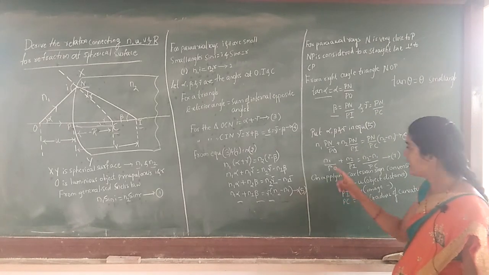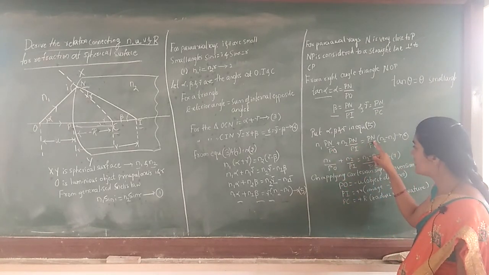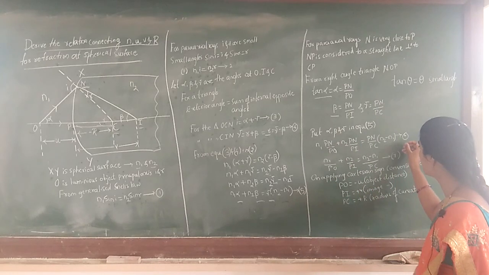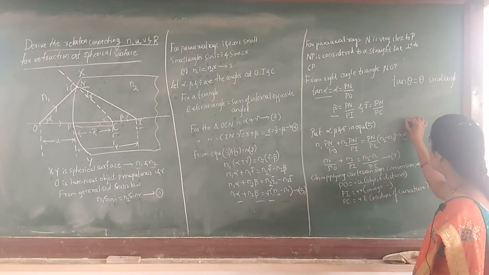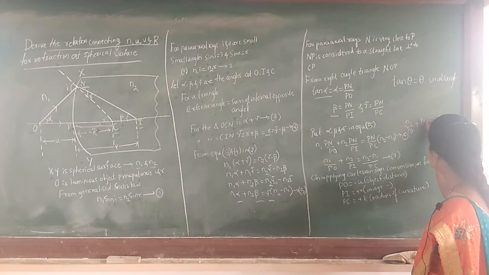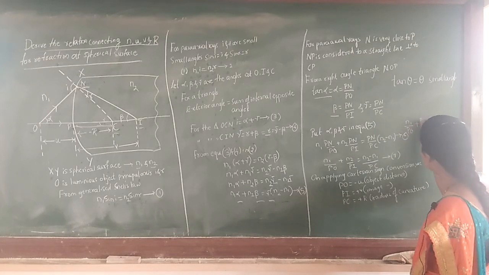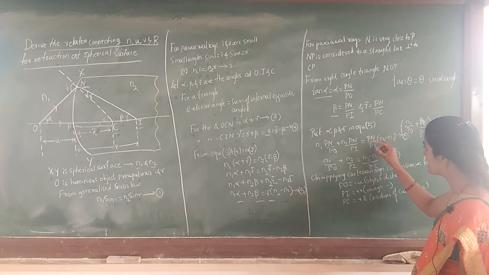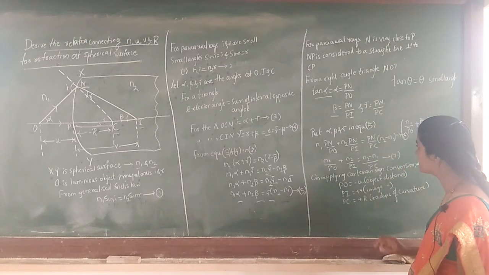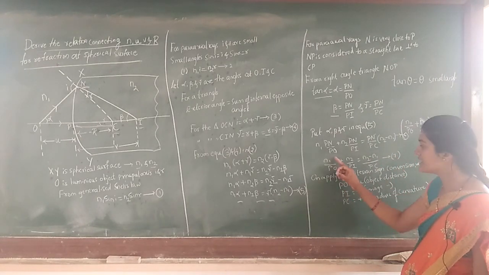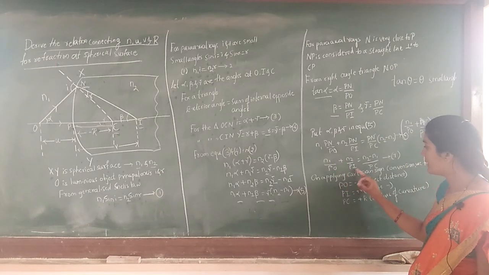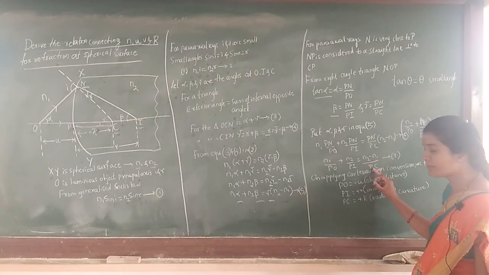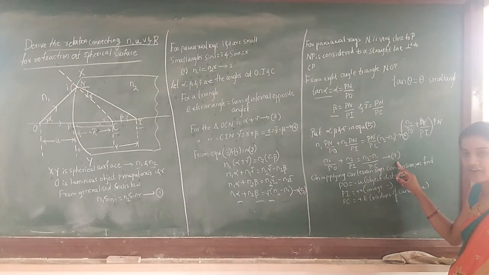Now next, Pn is common, so take it outside. Remaining terms: n1 by Po plus n2 by Pi, and here also Pn is there. This Pn and this Pn get cancelled. The remaining term is n1 by Po plus n2 by Pi is equal to n2 minus n1 by Pc. Consider this as equation 7.